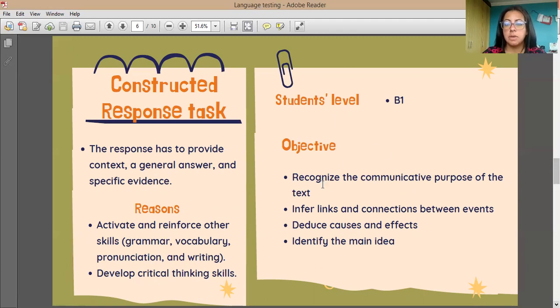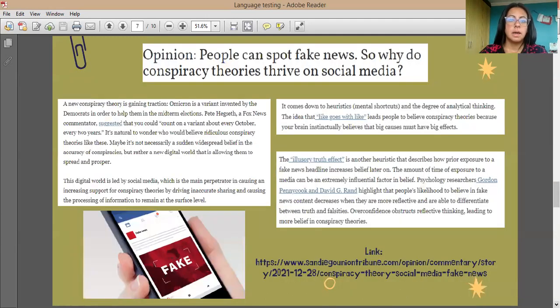So the objective is to recognize the communicative purpose of the text first, also to infer links and connection between events, to deduce causes and effects, and to identify the main idea. These are all of the objectives.